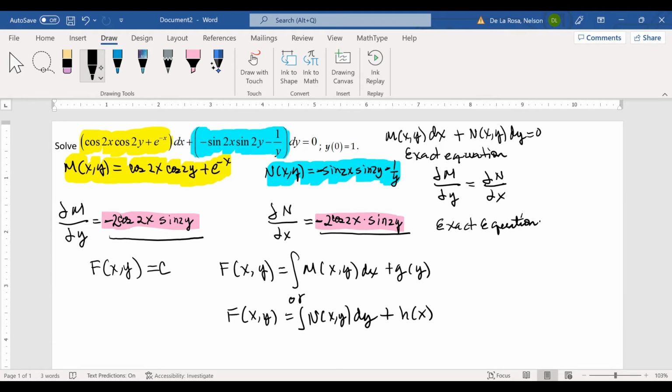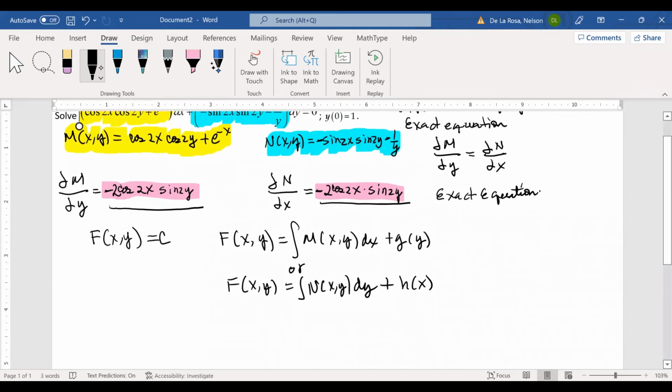Why is that? Well, recall that M is the differential of the function f we're finding with respect to x, and N is the differential with respect to y. So we have to integrate as indicated in either of these two methods. We can use any of these two ways to find the solution of an exact equation.